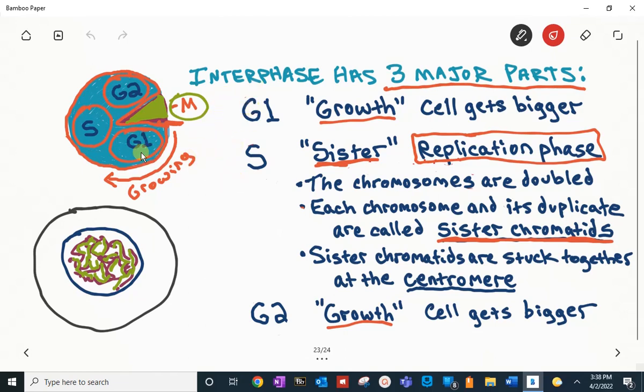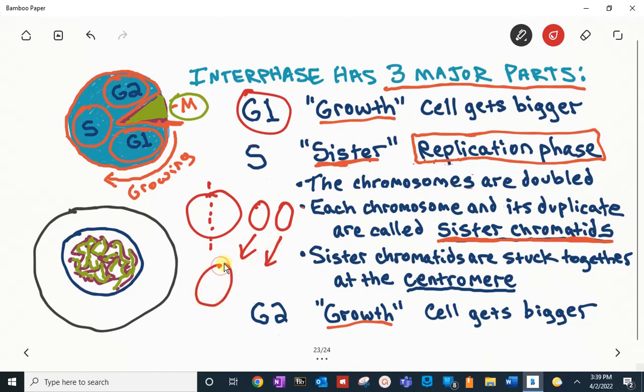We have G1, which is the first growth phase after the cell is newly divided. The cell gets bigger because when one cell is divided in half, you're going to wind up with two smaller cells, right? So the G1 phase is so both cells can grow into big, full-size cells.